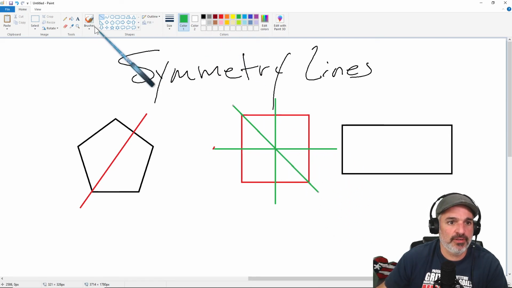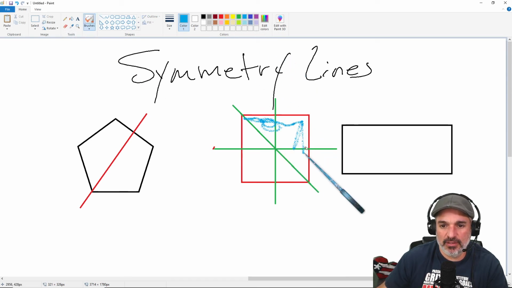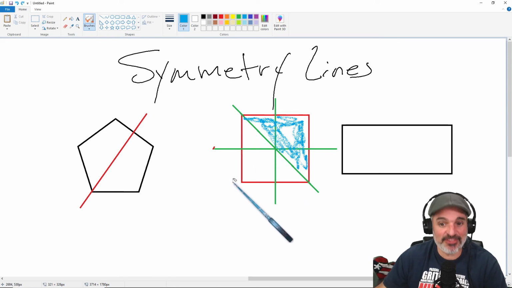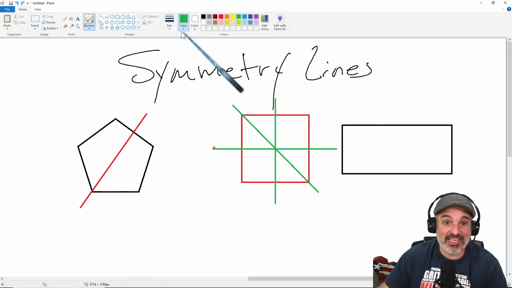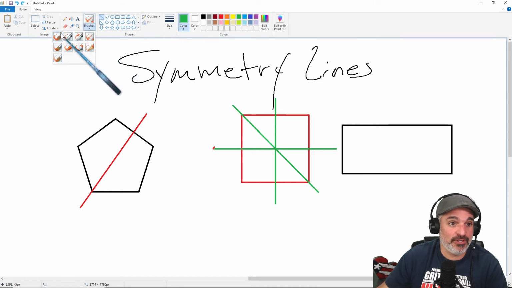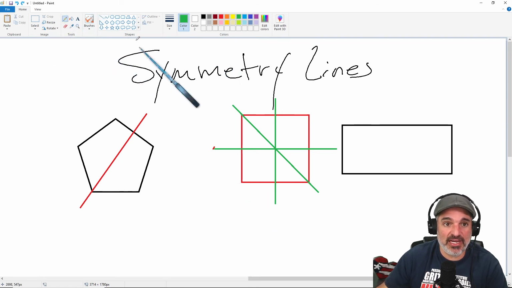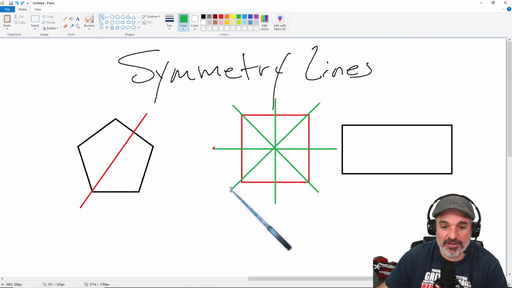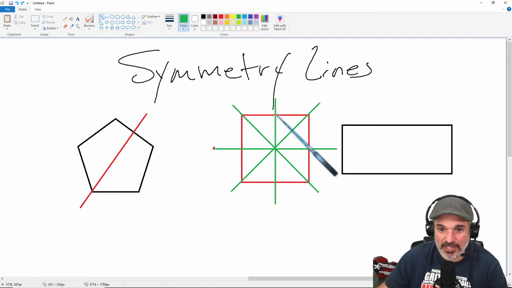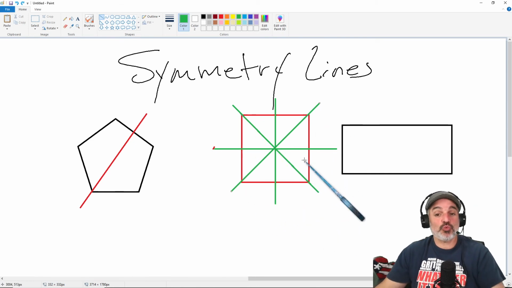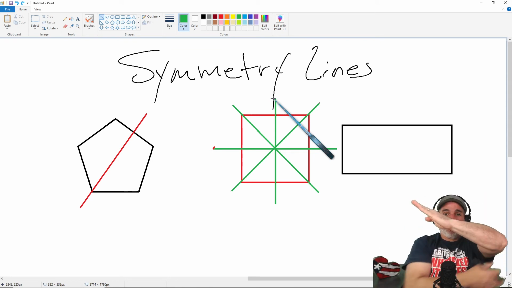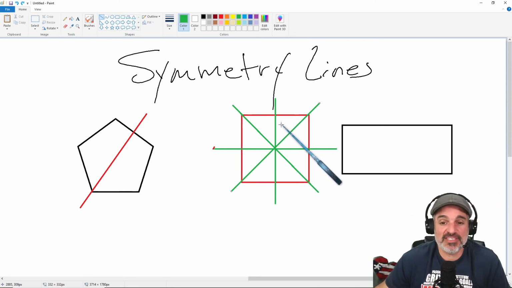This part here is a mirror image of this part here. So again, that's another symmetry line. And again, if you do this line from here to here, you have another symmetry line, because again, this part here is the same as this part here. So a square has 1, 2, 3, 4 different symmetry lines.